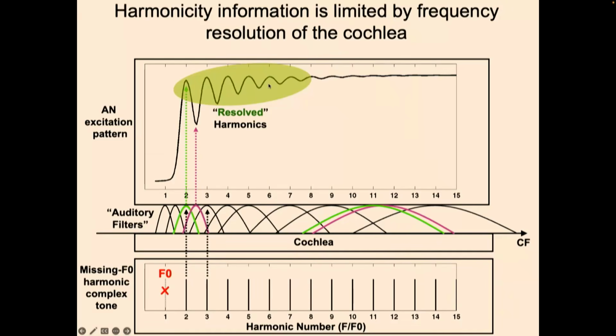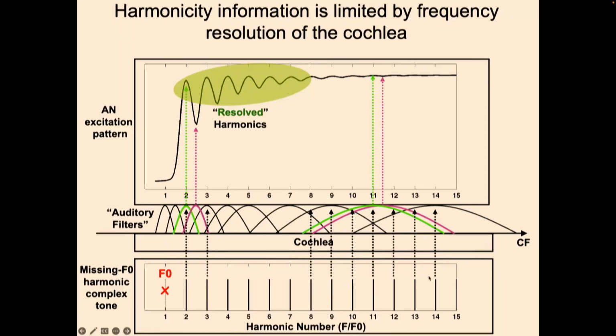By contrast, if you look up here at the high-numbered harmonics, you've got two filters here that are separated by the same number of hertz, right? And so they have the same separation relative to the harmonics, but they're much broader, right? And so now the filters up there at the high end are looking at a whole bunch of harmonics at once, okay?